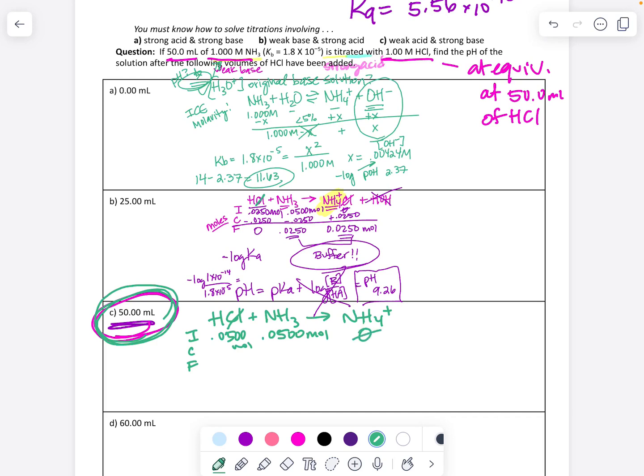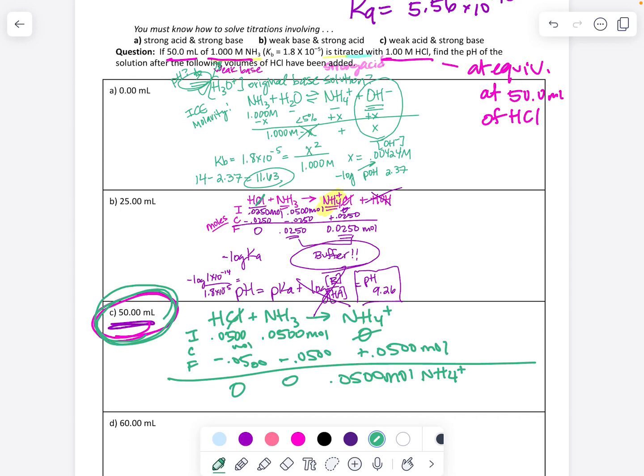Initially, there is no salt. I will use all of this acid and base, and I will make 0.0500 moles of that conjugate. At this point, I do not have a buffer because I no longer have the weak base. And you do need the weak base and the conjugate acid in order to have a buffer.